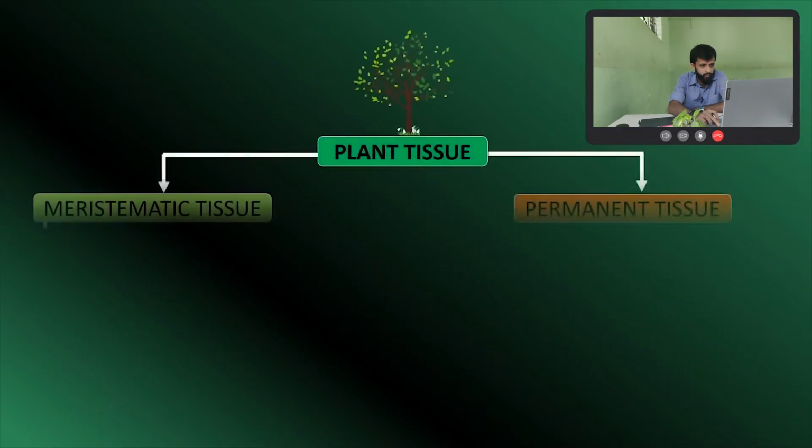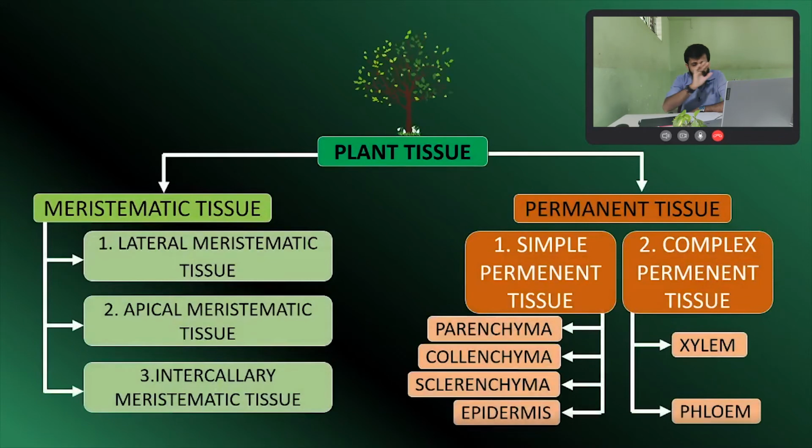Next, I'll just give you the entire overview of what exactly you're going to study, because if you just open your textbook and start reading this chapter, you will not know what we are dealing with. So this slide gives you the entire overview of what we study.